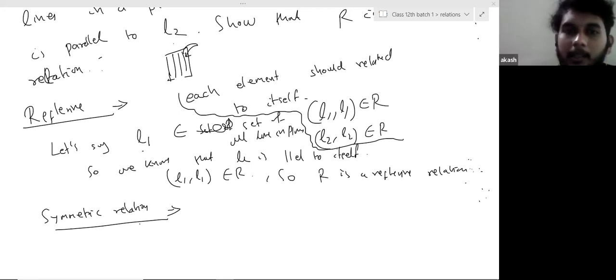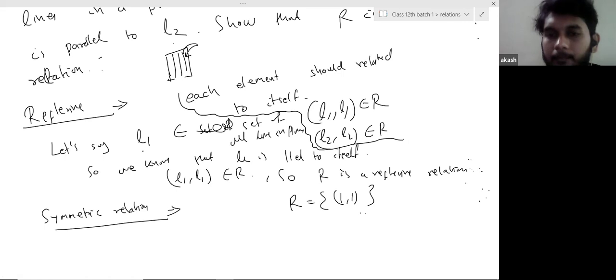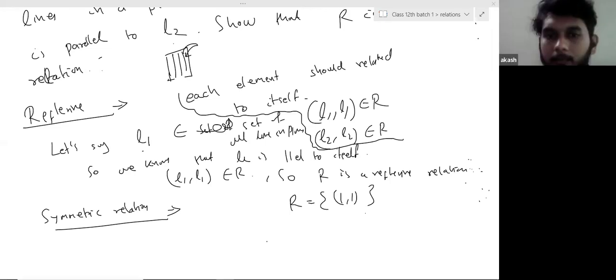Suppose I give you a relation R = {(1, 1)}, and I ask you whether this is symmetric or not, what would you answer? Yes, sir, it would be symmetric, because (1, 1) is itself symmetric. Its mirror image is also (1, 1). Absolutely right.